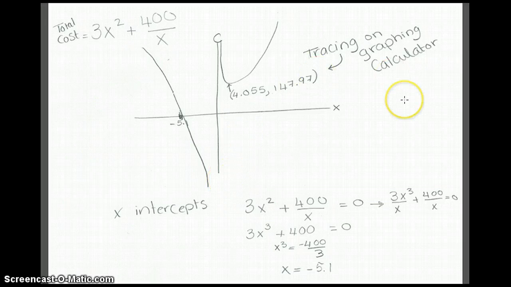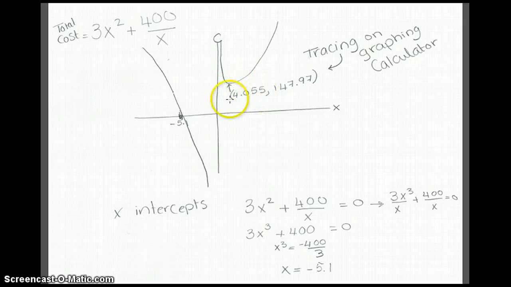Okay, to get the minimum, you either need to know the derivatives, which we will get to. I know we didn't get to that yet in the semester, but when you know the derivatives, you can figure this out easily algebraically. But since we don't know that, you can do some tracing, or you can use your table.